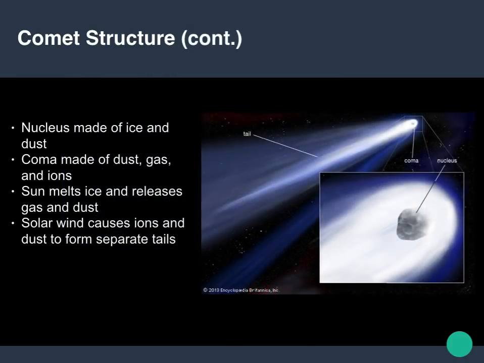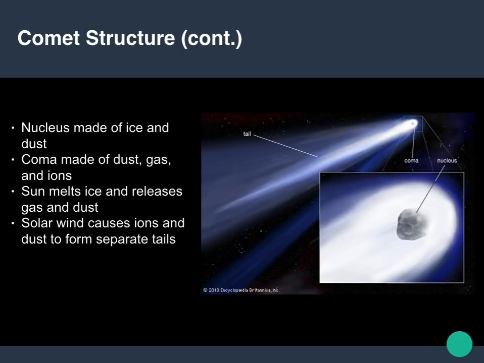And basically what happens is the sun is going to sort of melt the ice and gas within the actual nucleus, which is the main core part of the comet, and the gas and dust will go flying off.